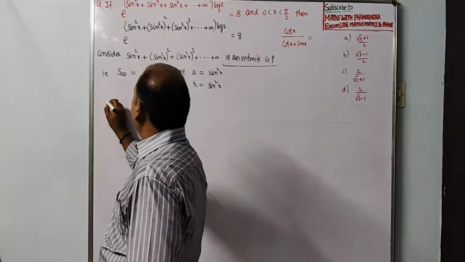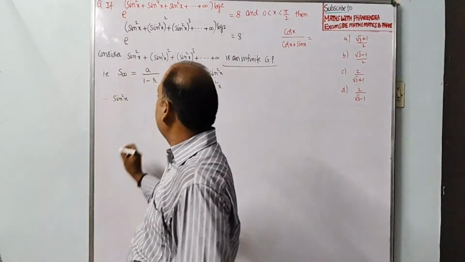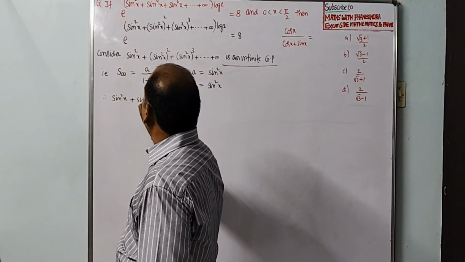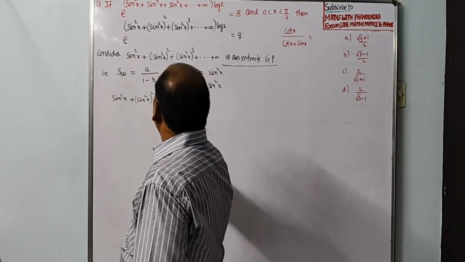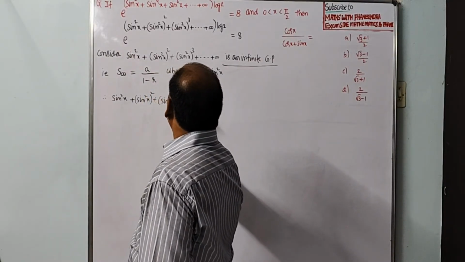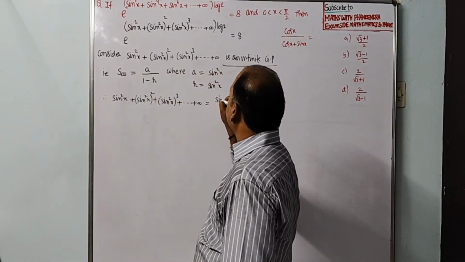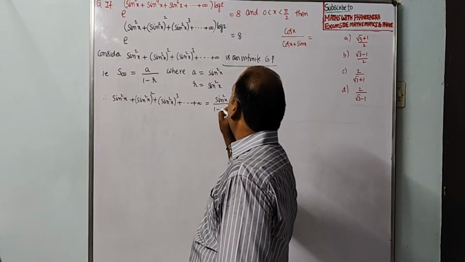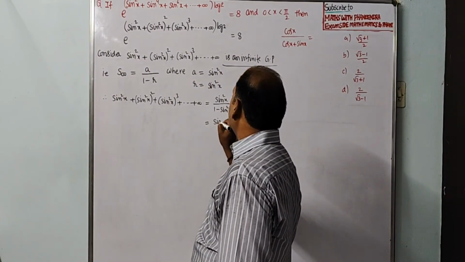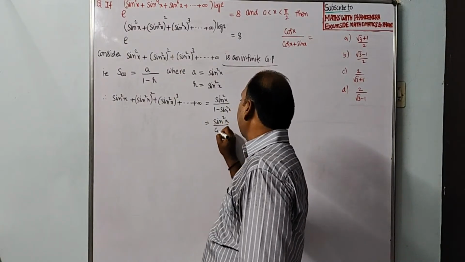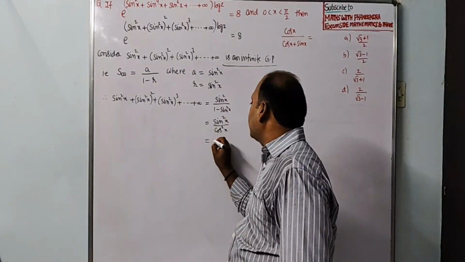So the sum is sin square x by 1 minus sin square x, which is sin square x by cos square x, that is tan square x.